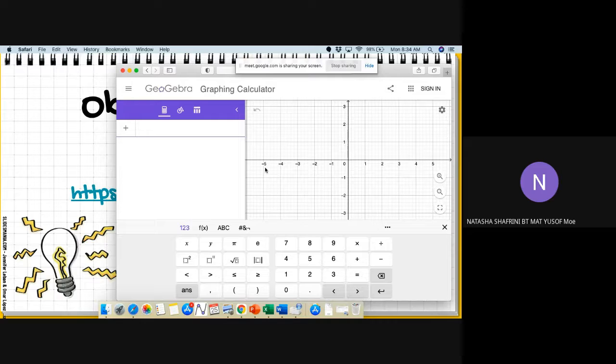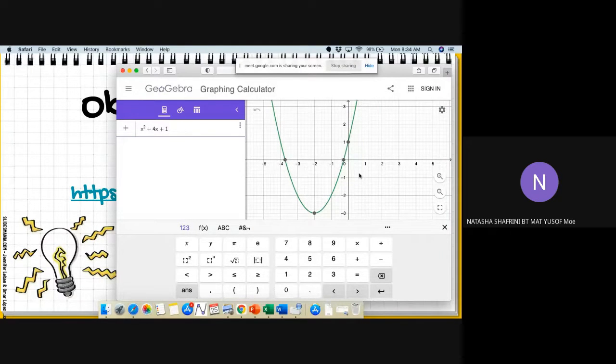Sekarang ni kita masukkan the first expression, x square plus 4x plus 1. Okay, now you see the shapes of graph.